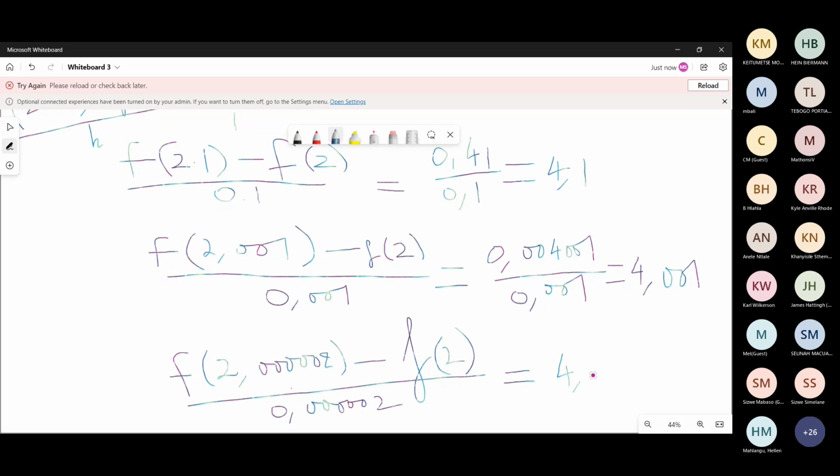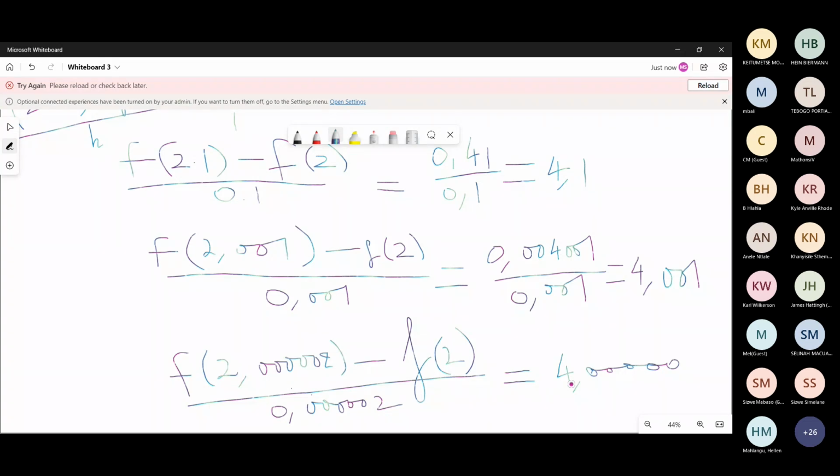Are we changing 2 with 0? No, I'm not taking any one particular small number. You can take your own small number, any small number, nearly 0. That is what we mean by h here. So whatever we do, the answer, when we divide by this h, will always be close to 4.